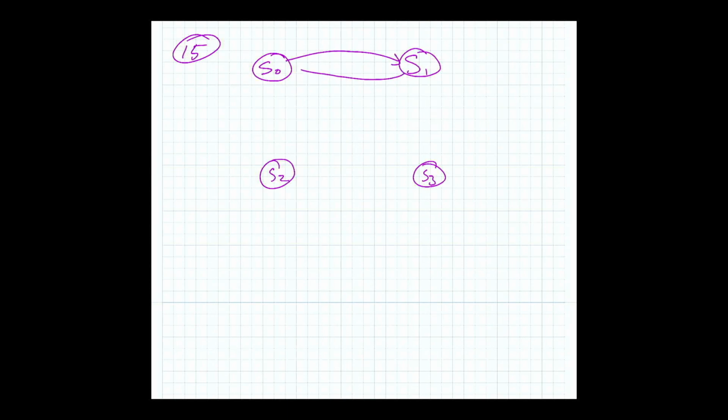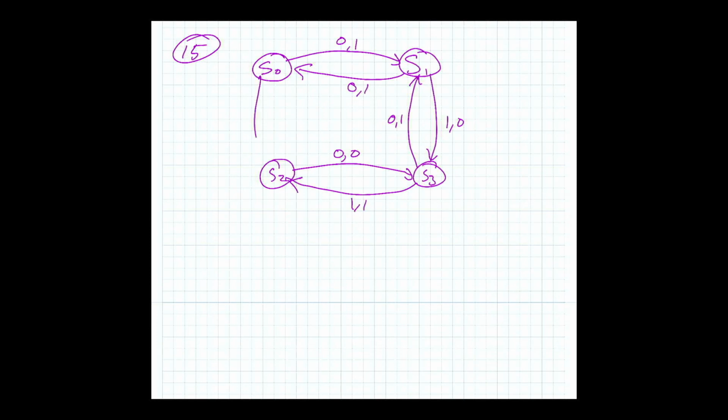We have that, and the arrows are labeled 0, 1; 0, 1; 0, 1; 1, 0; 0, 0; 1, 1; 1, 0; 1, 0.